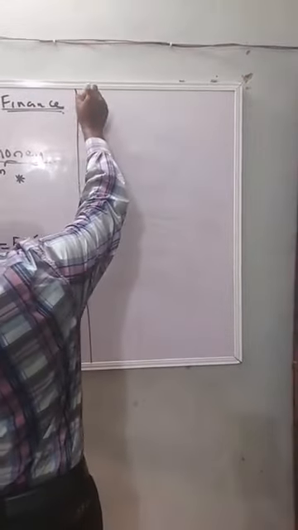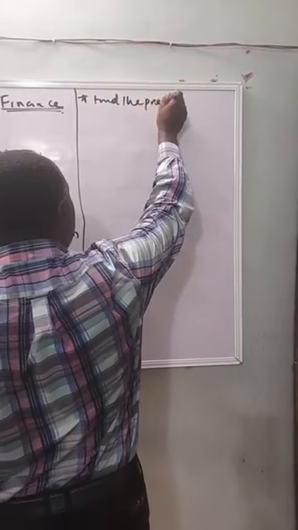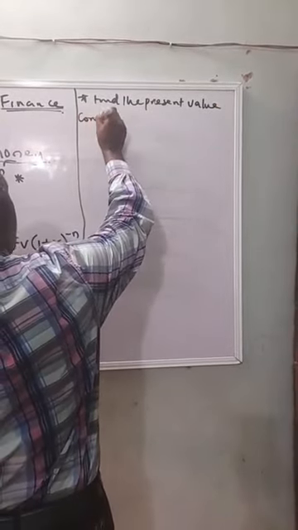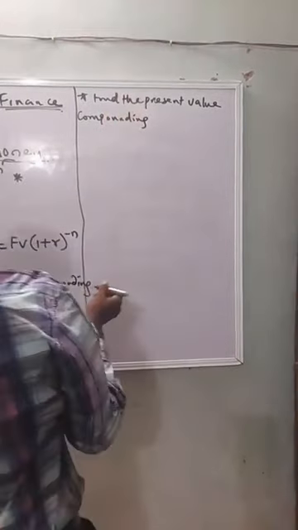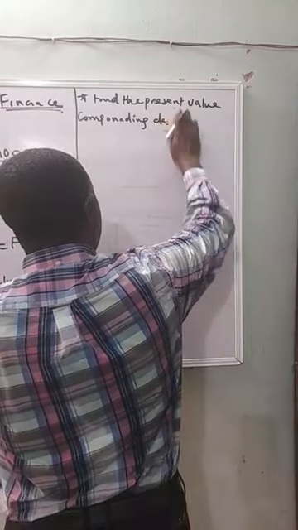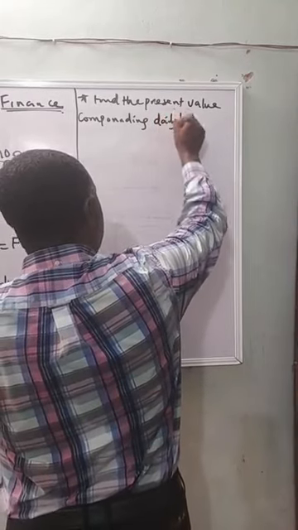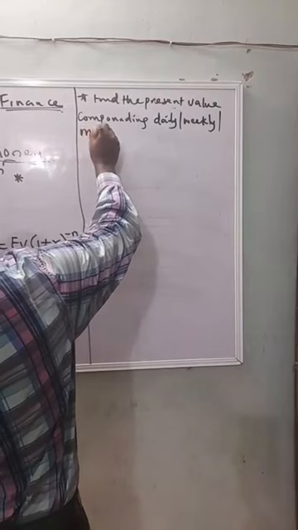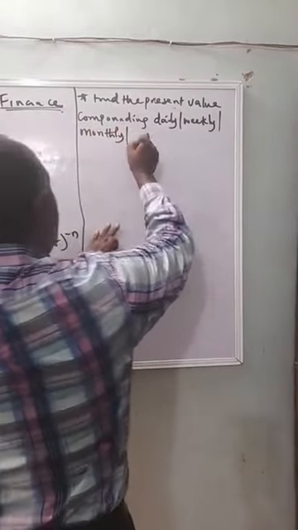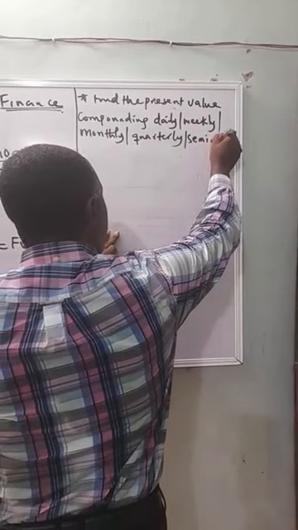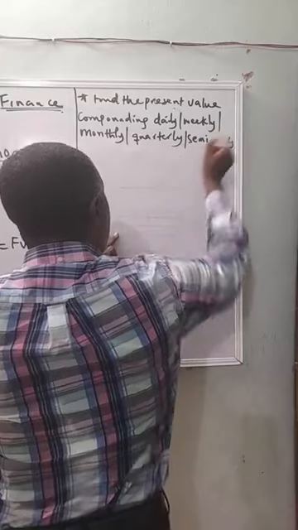Moving on to the second part, you could be asked to find the present value of money, compounding daily, weekly, monthly, quarterly, semi-annually, and so on.